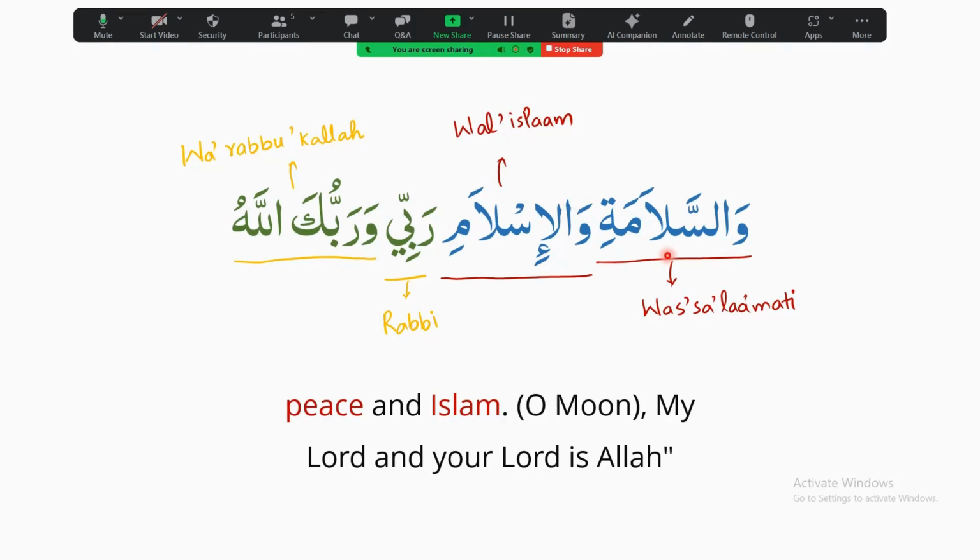So we're saying was-salamati wal-islam. For now, we will try to memorize these two. Was-salamati wal-islam, with peace and Islam. And the last part says Rabbi.